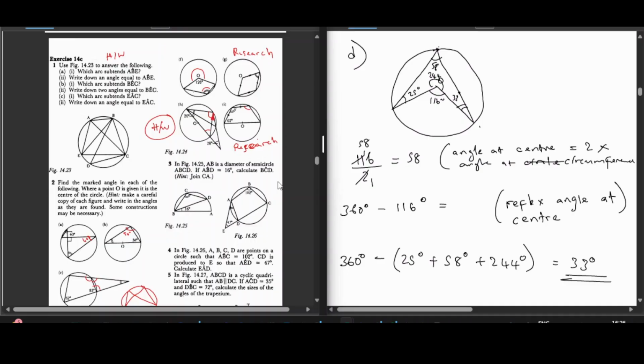Go and do a research on a question to see how a problem is solved. Number 3, in figure 14.25 AB is a diameter of a semicircle, and so on. Calculate BCD.